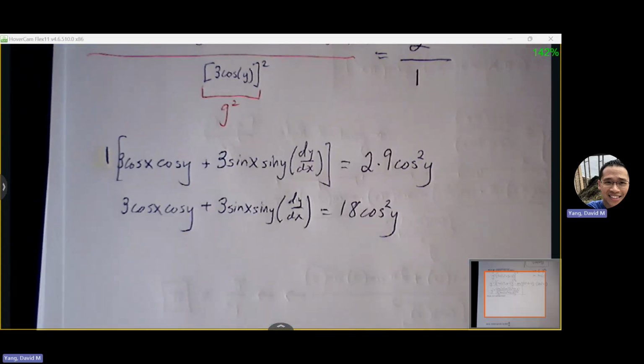Right, so now we have 3 terms. We can just move them around, get that dy dx term by itself, and then divide that term over to the right side.